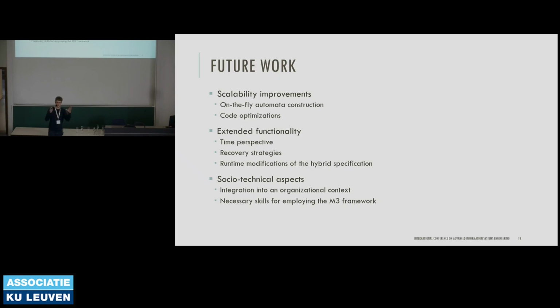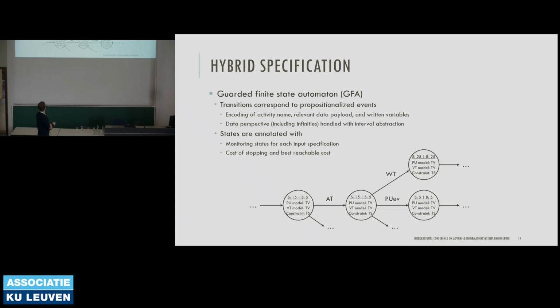And the niceness part, or eliciting the model that fits all of those, the combination, I haven't considered it from the perspective of producing an actual model that you can view in your favorite model editor. But what I can tell you is that if you have this construction here, then producing traces that match the entire set of specifications that we are working with becomes kind of trivial, because at each state of the automaton, you can just follow the best reachable cost.